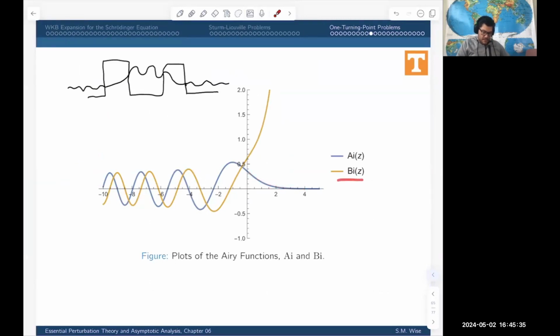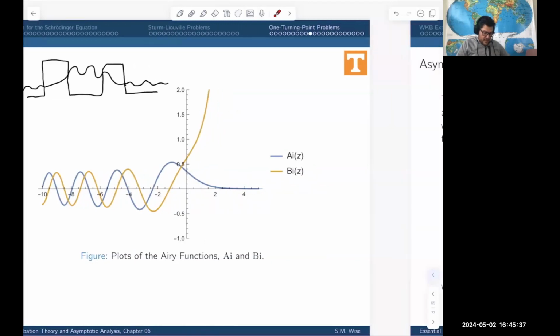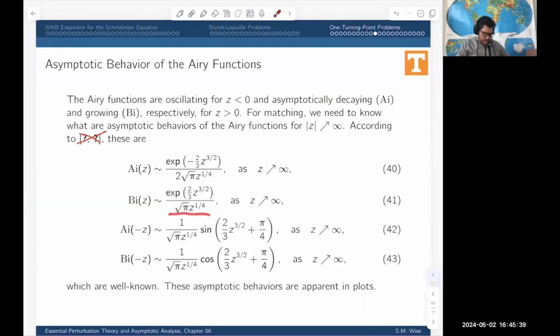The Airy function of the second kind is exponentially blowing up, so that's indicated by this positive sign here. Now, the Airy functions for z going to minus infinity, so that's minus z where z is going to infinity, are oscillatory solutions, a sine wave with a weak decay, decaying like z to the minus 1/4.